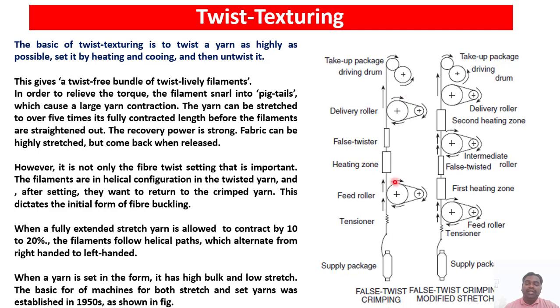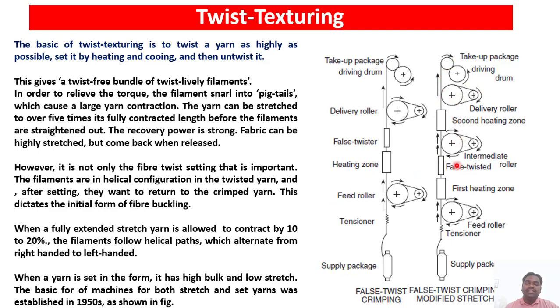But in case of false twist crimping with modified stretch, if you see here, the same process has to be followed, but we have the intermediate stage where the first heating zone is there, followed by the false twisting. Then we have the intermediate zone with the intermediate roller. Then we have the second heating zone in between the intermediate and delivery rollers, and then finally it is taken out.